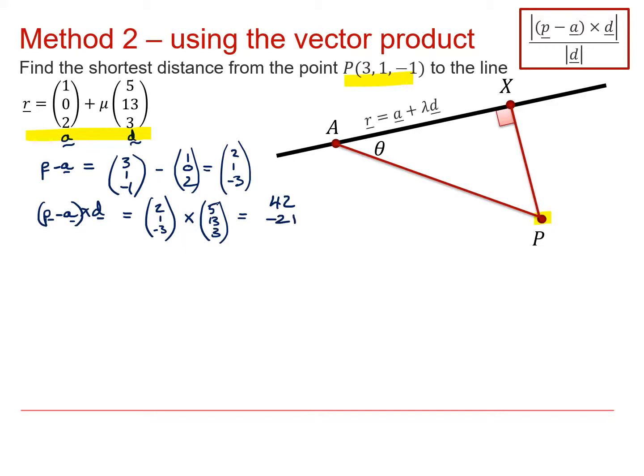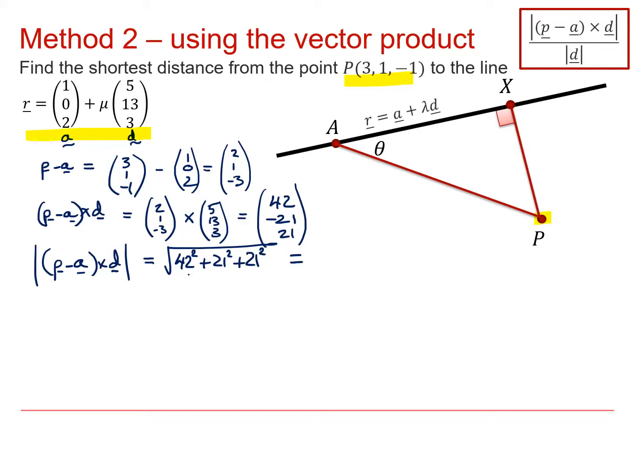And 26 take away 5 is just 21. And now I want the magnitude of that. And that's just the square root of 42 squared plus 21 squared plus 21 squared. This is 4 lots of 21 squared plus another one, so that's 6 lots of 21 squared inside the square root here, so that's going to be 21 root 6 when I square root it.